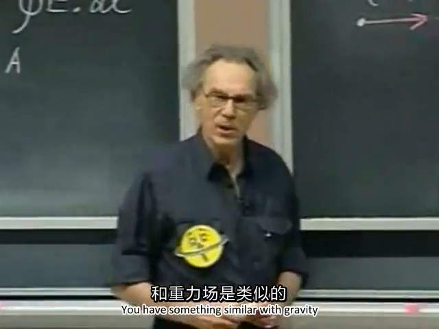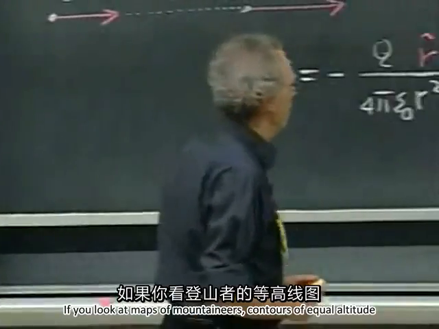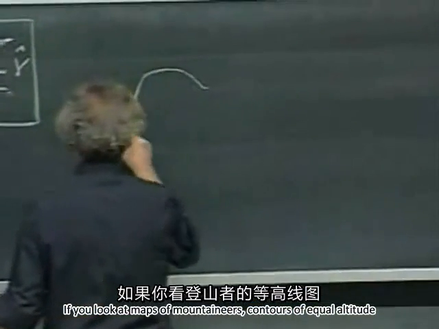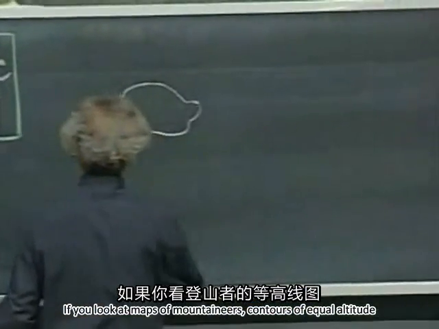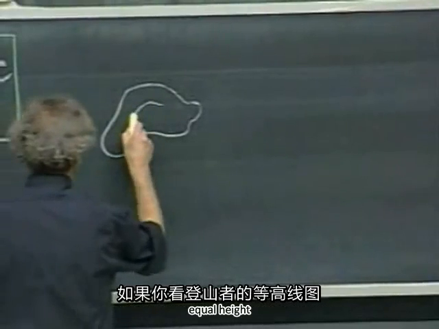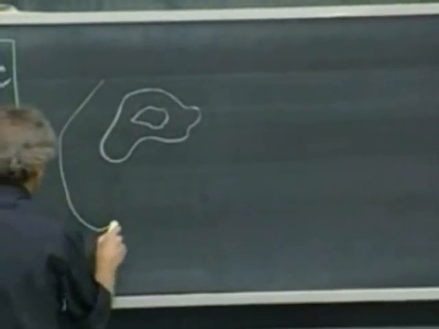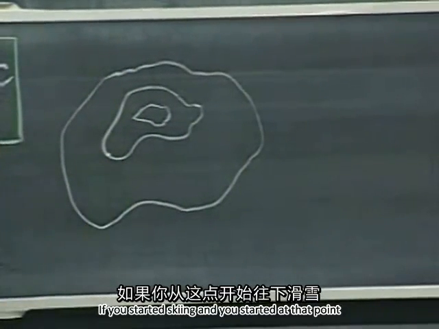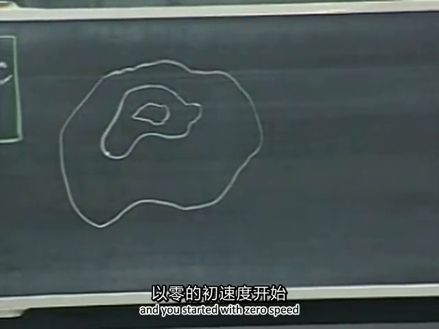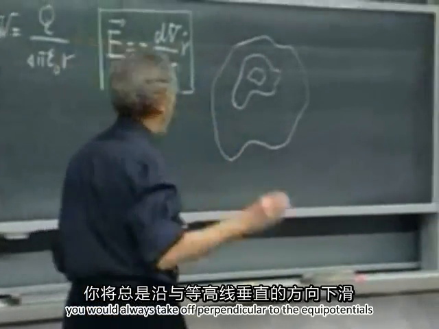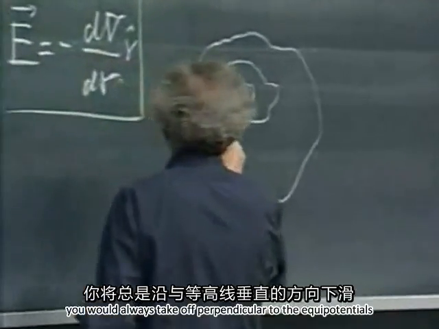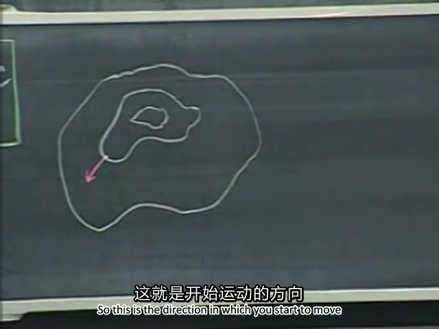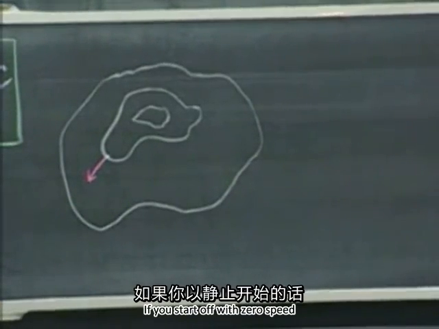You have something similar with gravity. If you look at maps of mountaineers, contours of equal altitude, equal height, if you started skiing and you started at that point with 0 speed, you would always take off perpendicular to the equipotentials. So this is the direction in which you start to move if you start off with 0 speed.